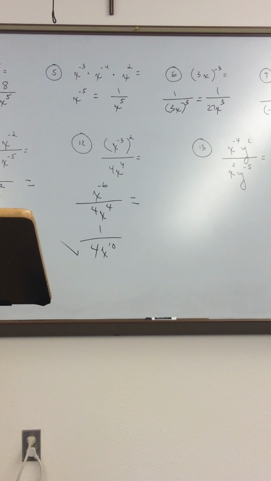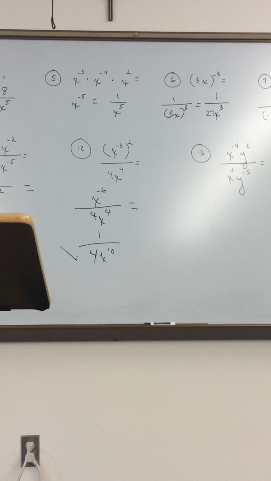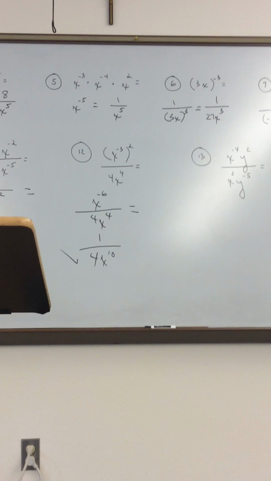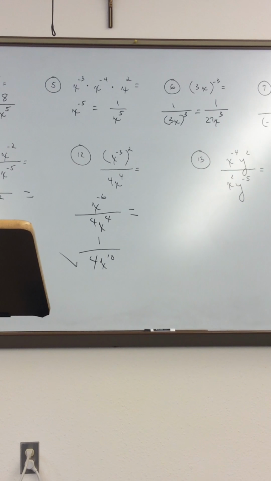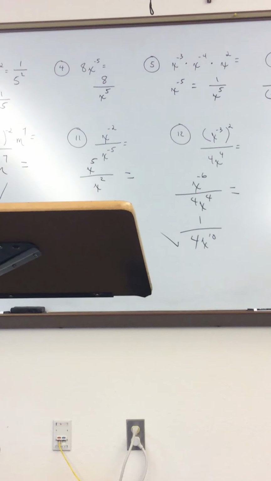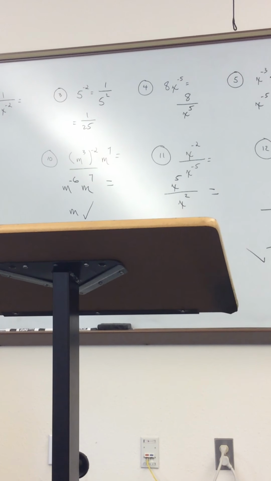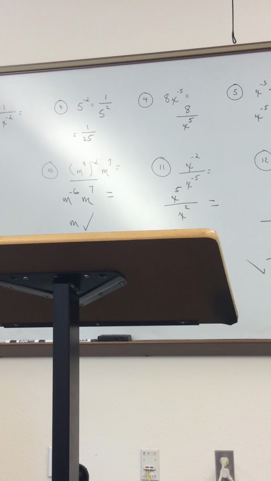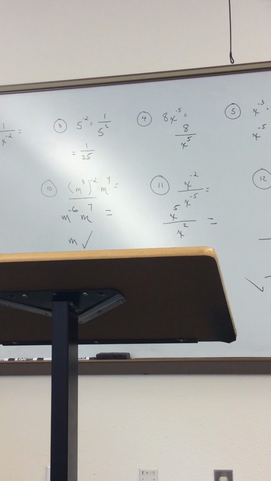Who has a question? I mean, these are not long problems. Tomorrow, you're going to see in your book, these problems are going to get a little bit more involved. I actually had a question about number 10. On the second line where it's m to the negative 6 and m to the 7, if you were to drop the 6 under, would that always work too? Because I accidentally did that. Yes.